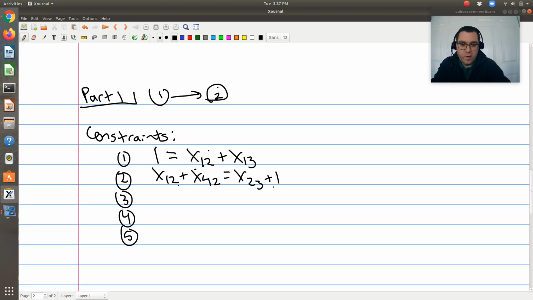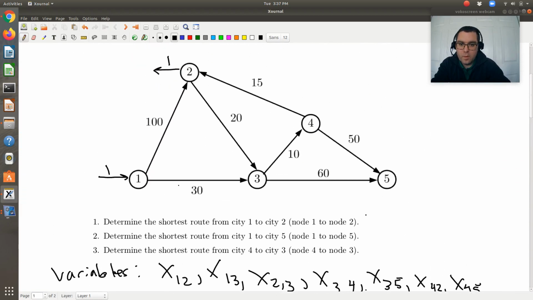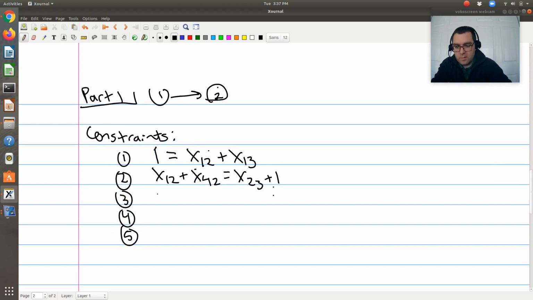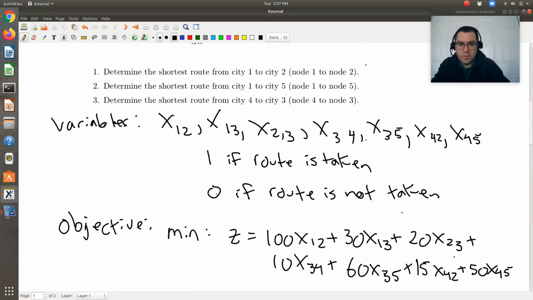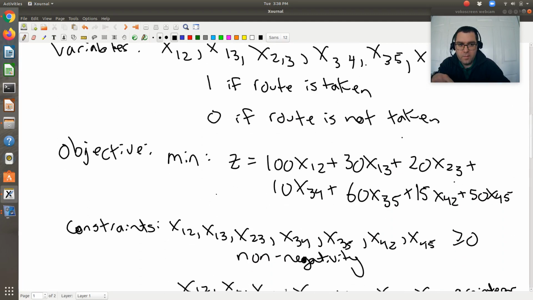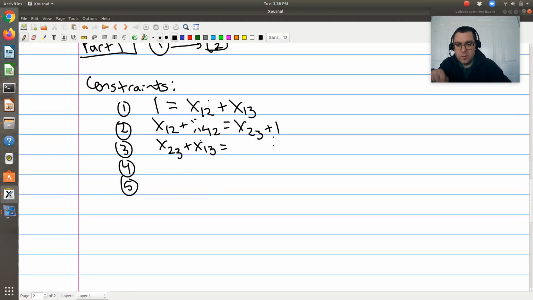All right, now if I go to node 3, coming in, I can have x23 and x13. So x23 plus x13 is going to be equal to x34 plus x35.